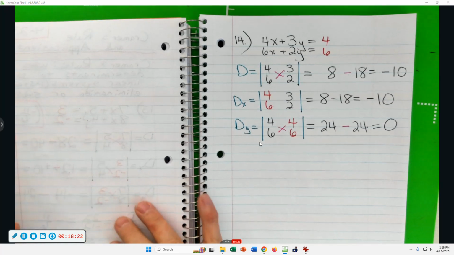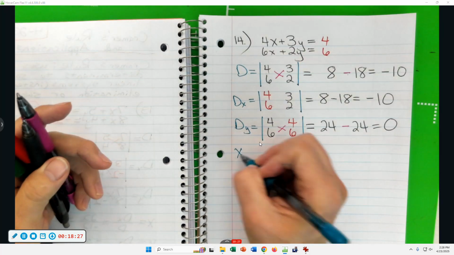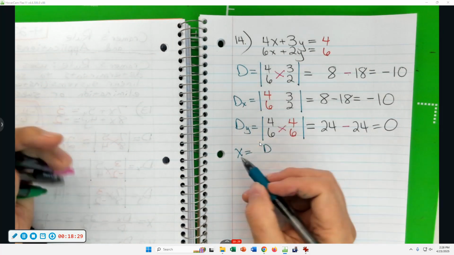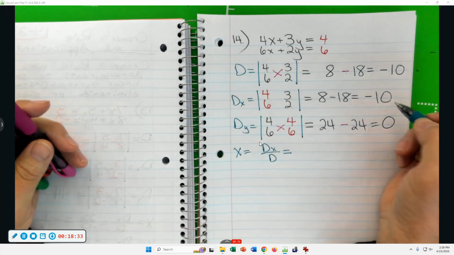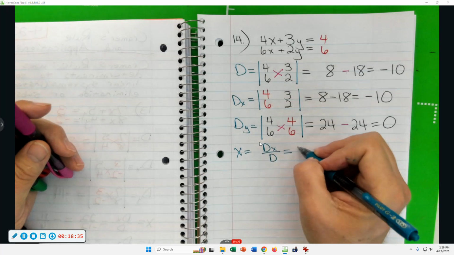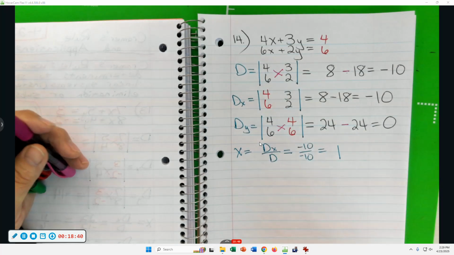So Cramer and his crowning accomplishment. He was able to prove x is always going to equal d sub x divided by d. So negative 10 divided by negative 10 gives us a positive 1.